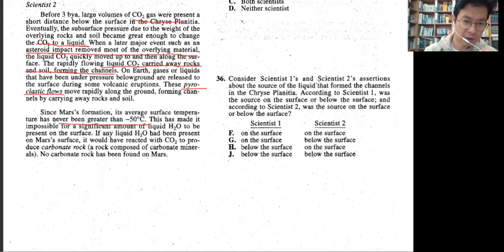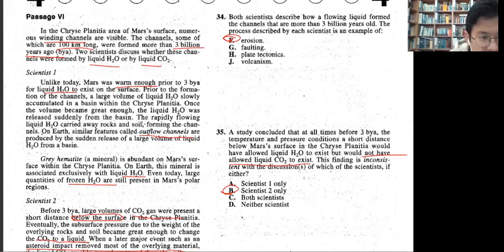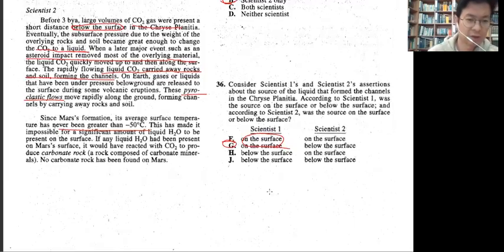Consider scientist 1 and scientist 2 assertions about the source of liquid that formed the channel. Scientist 1 is on the surface, and then 2 is gas pressure below the surface right here, so it's supposed to be G. And then 1 says on the surface.